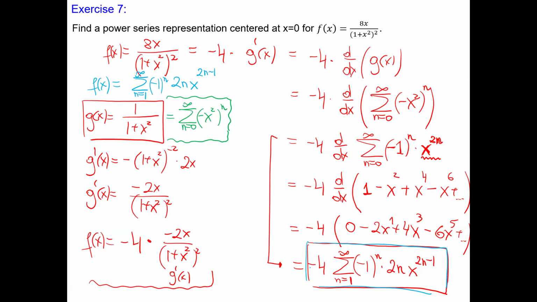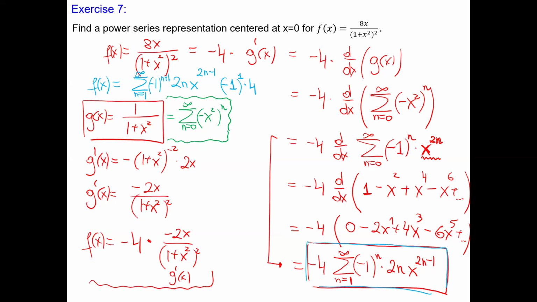But negative 4 can be rewritten as negative 1 times 4, correct? And that negative 1 is taken to the power of 1. That means I can combine it with this one and add plus 1. Let me write a little bit nicer.